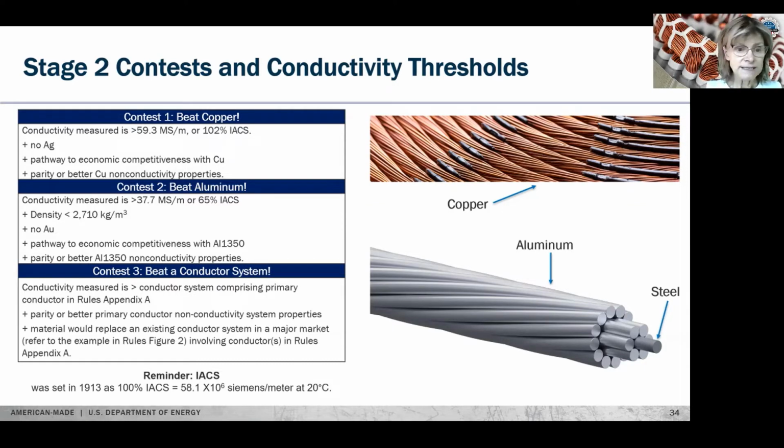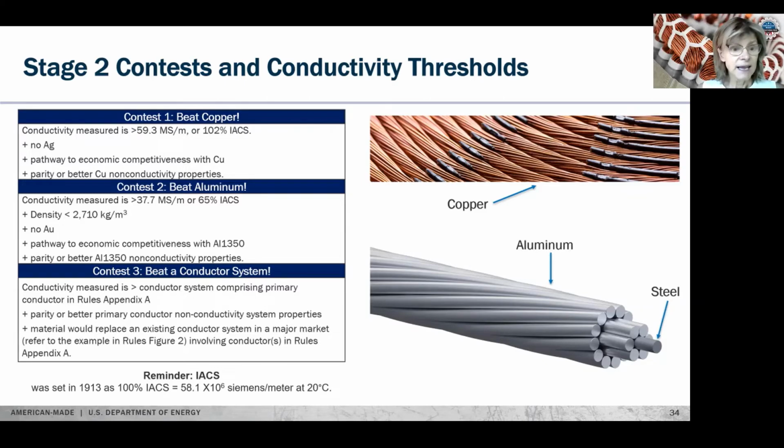The final contest, and the one with the lowest megasiemens per meter conductivity requirements, is the conductor system contest. To compete in this contest, your material must be able to substitute or exceed the properties of a common conductor system, such as the aluminum conductor steel reinforced cable shown in the picture.